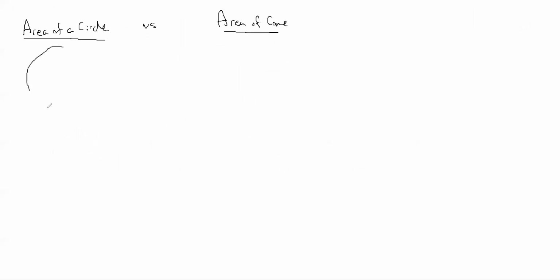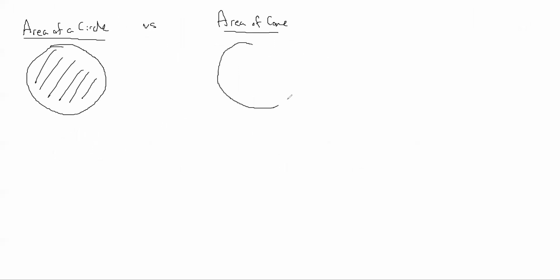The ratio of an area of a circle versus the area of the circle that is to be a cone is very interesting when compared to the ratio created by the circumference.